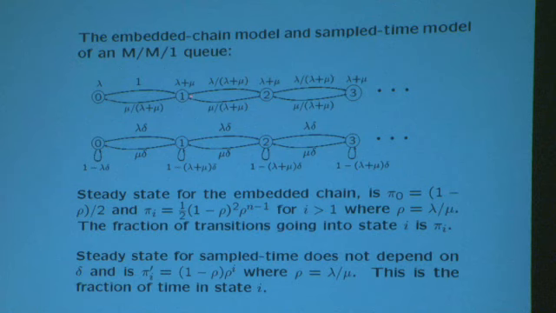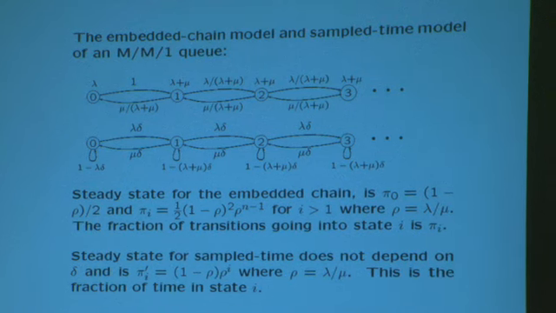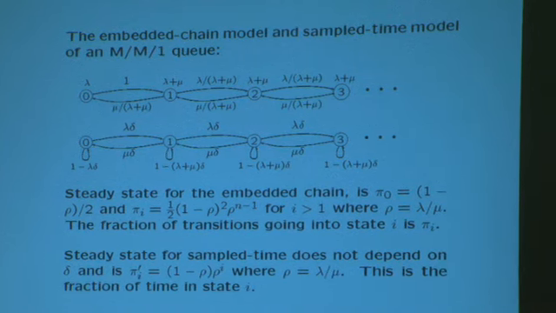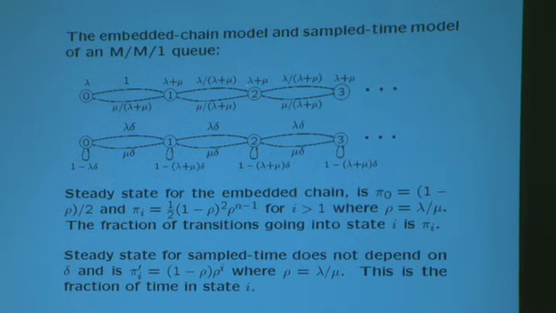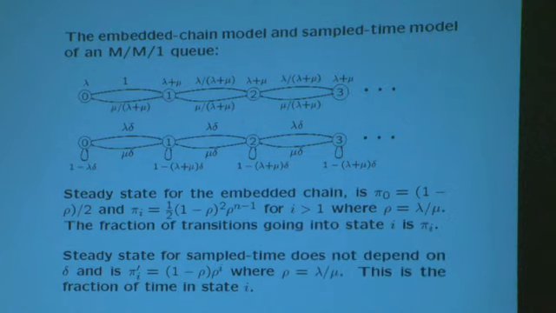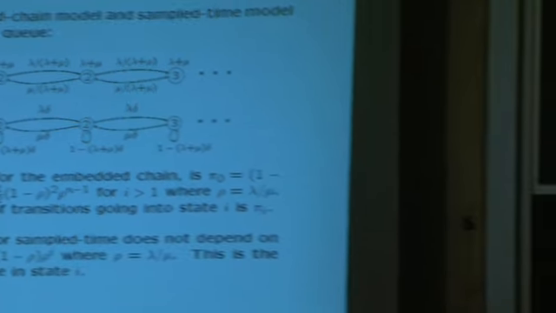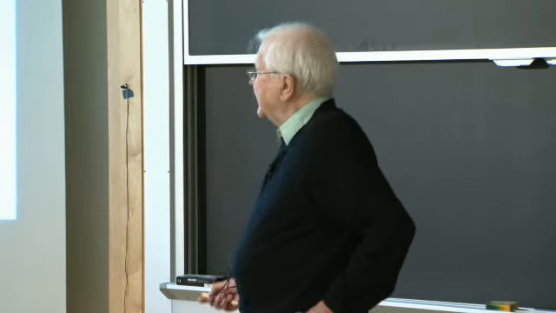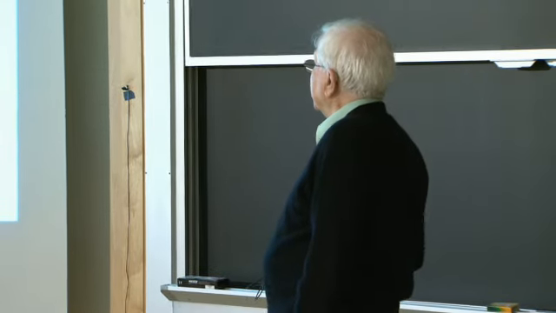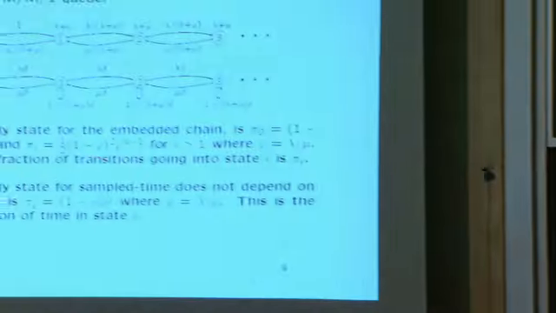Steady state transition this way is the same as the probability of a steady state transition this way. And you remember the reason for this is in a birth-death chain, the total number of transitions from here to here has to be within 1 of the number of transitions from here to there. So if steady state means anything, and if these long-term sample space probabilities with probability 1 mean anything, this has to be true. Okay, so when you do that, this is what you get here.